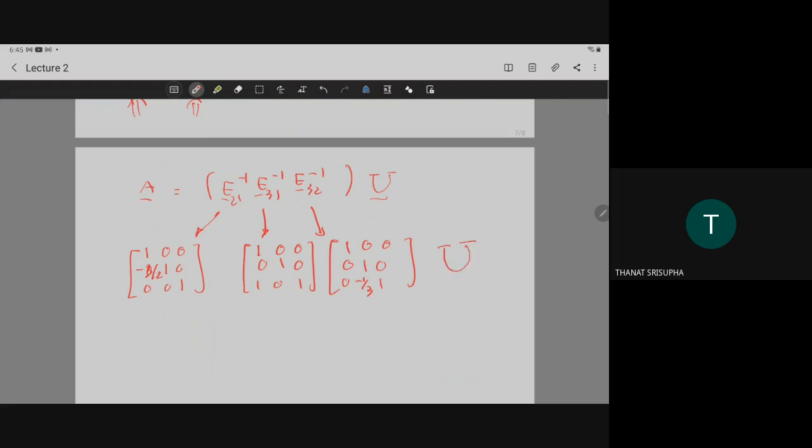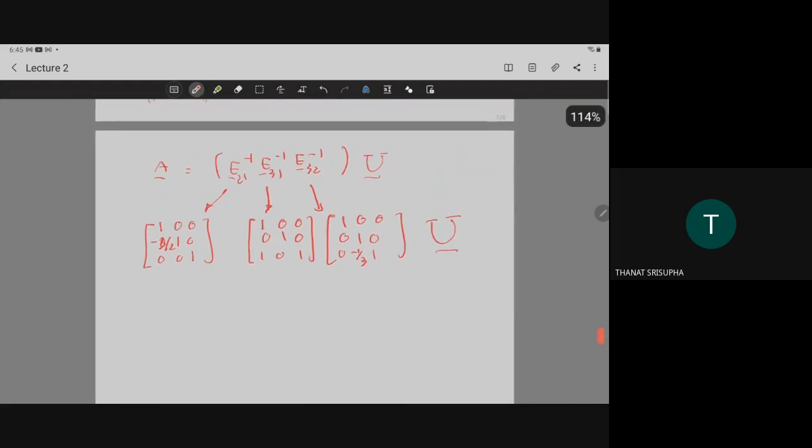And this is U. So basically, these are the matrices from the equation transformation coefficients. And if we multiply them together, we will get the matrix L. If you don't believe it, you can try.